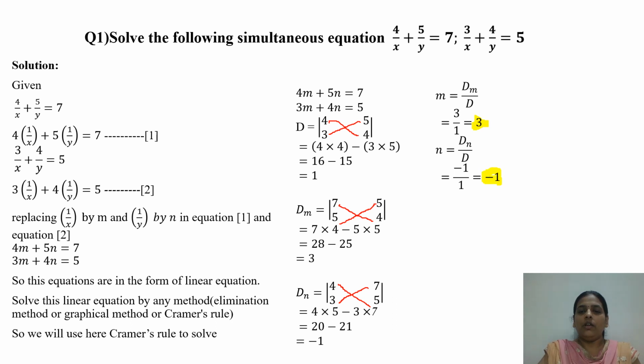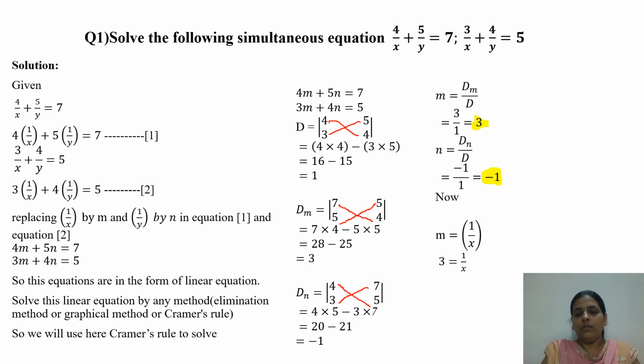So in an earlier step, we put what? M is equal to 1 upon x and n is equal to 1 upon y. So write down now, m is equal to what? 1 upon x. So instead of m we want to put here what? 3. Therefore 3 is equal to 1 upon x. Why 3? Because in the earlier step we calculated m is equal to 3.